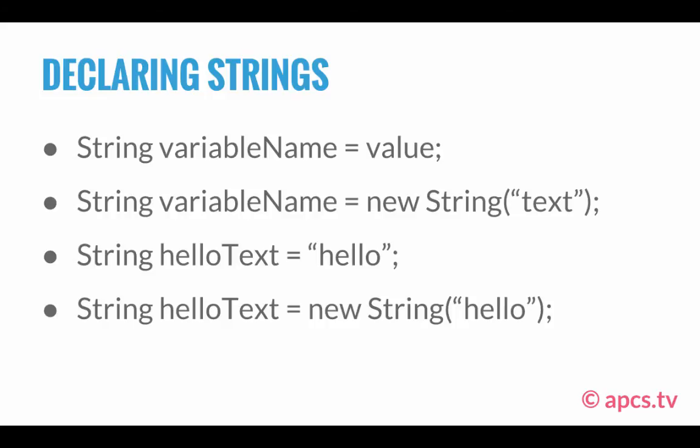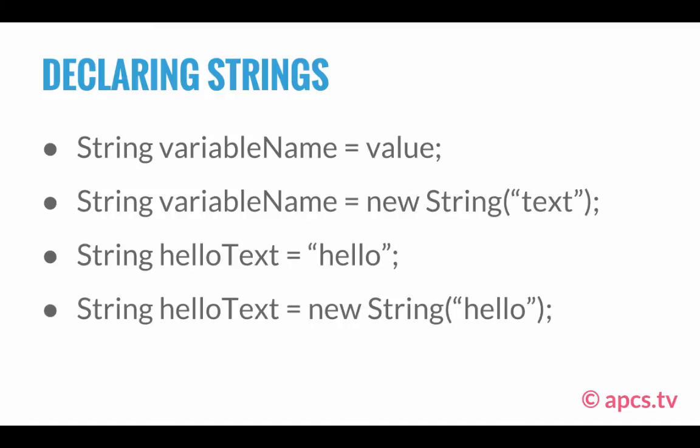Now alternatively, a different way to define this would be string variableName equals new String("text"); So now we're using a different type of syntax to define this variable, and you'll understand why this is applicable to this type later in the course.